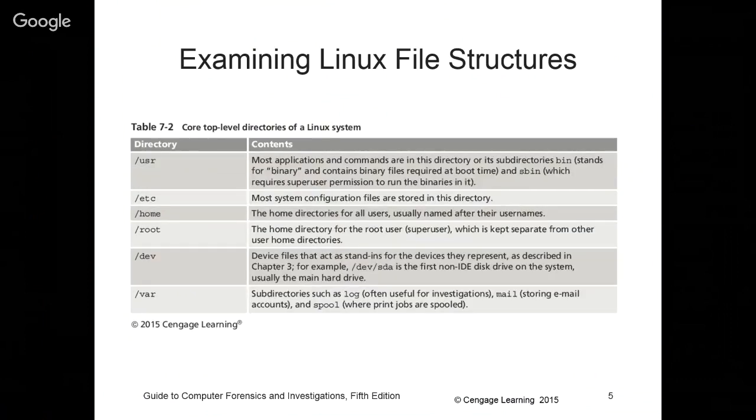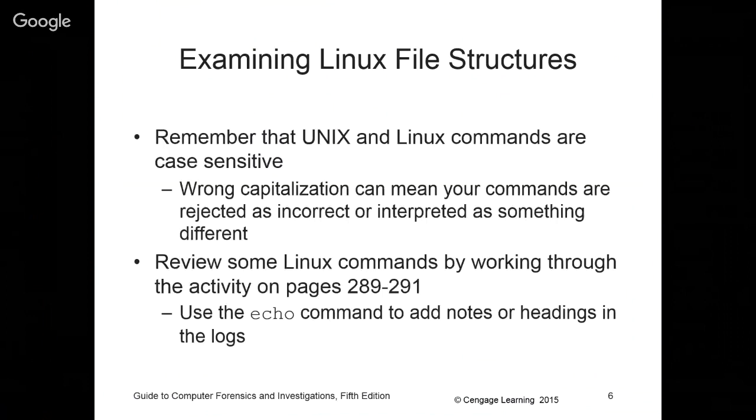So we've got top-level directories: usr, etc, home, root, dev, and var have their various internal configurations and settings. Now, Unix and Linux commands are case sensitive, as is their file structure as well. The wrong capitalization means that your commands are going to get rejected or interpreted incorrectly.